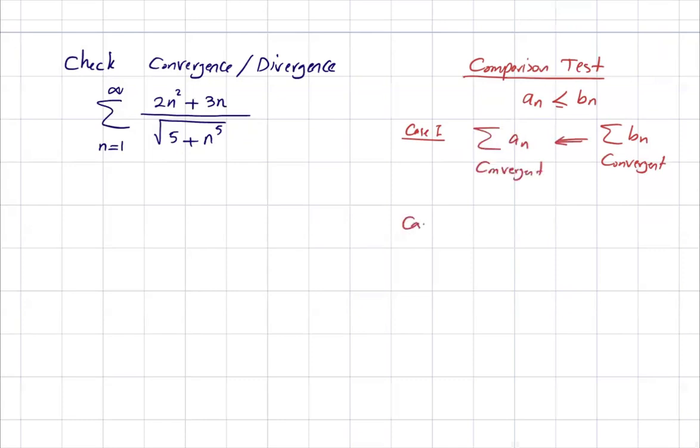And in the second case, case number 2, if the smaller series is divergent, then you can conclude that the larger series is divergent as well.